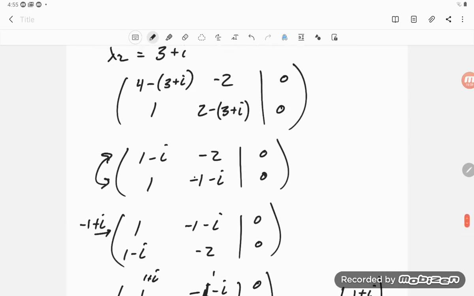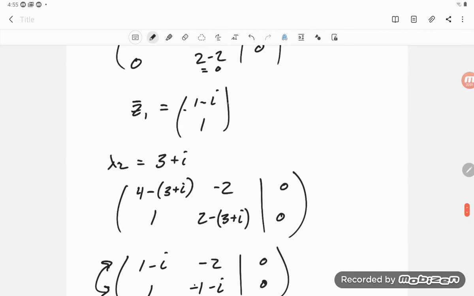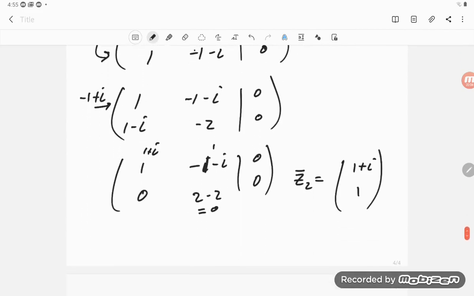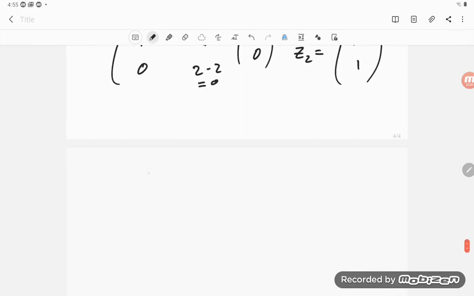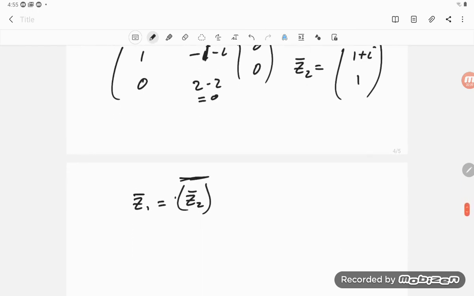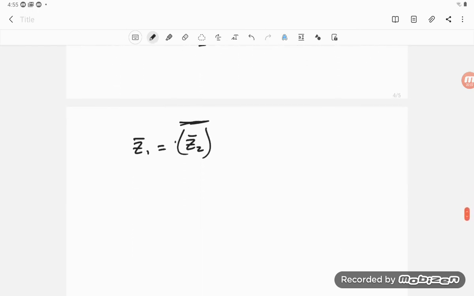And so z1 was 1 minus i, z2 is 1 plus i, and so we see that z1 is equal to the conjugate of z2. So indeed, those are conjugate pairs.